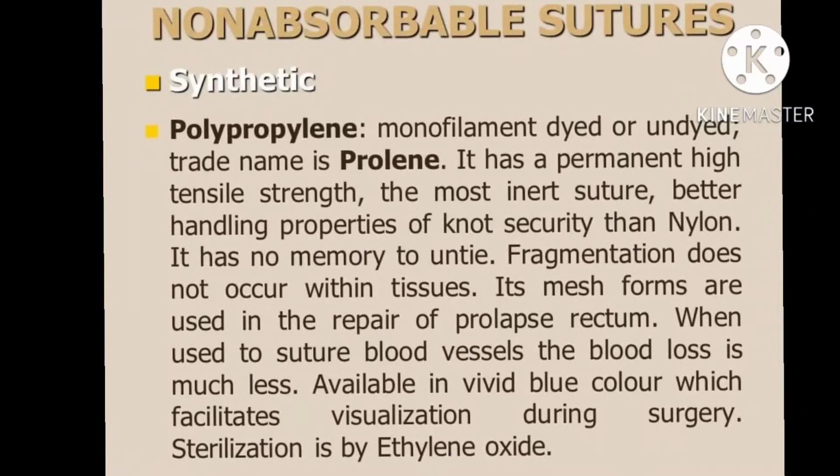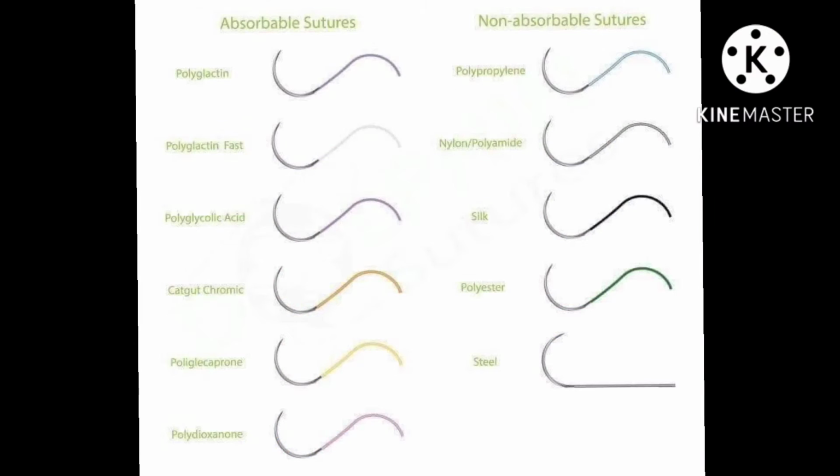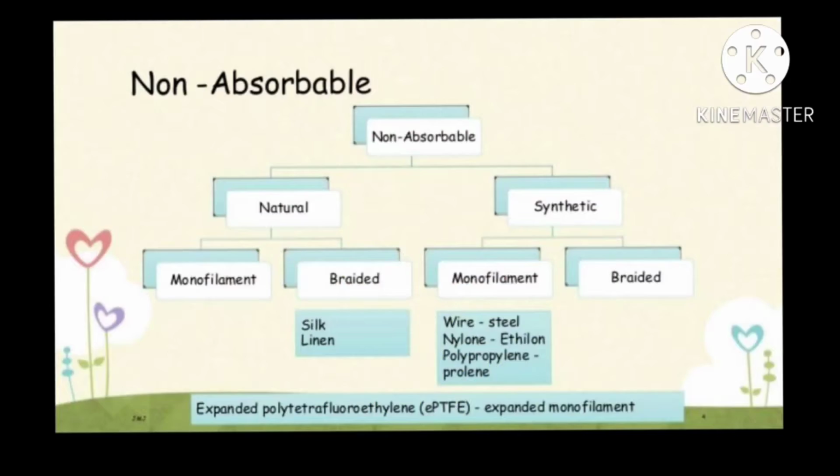According to the caliber of the sutures, the caliber of suture is described with a measurement system that is stated in 0s. For example, 5-0 is 00000.